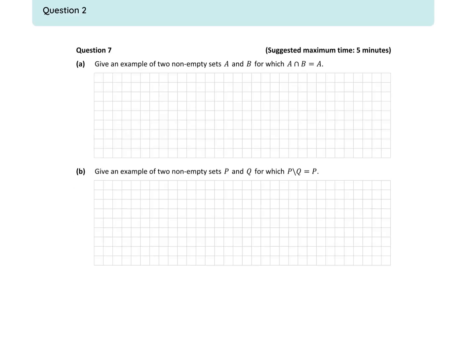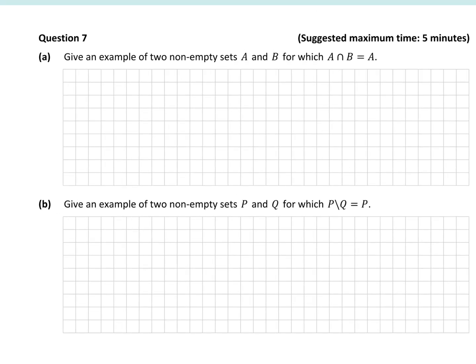Okay, next question wants us to give an example of 2 sets that can't be empty for which the intersection of A and B just equals A. So that's, I guess, maybe a little bit confusing to get our heads around. I'm going to draw a quick diagram here to help us out.